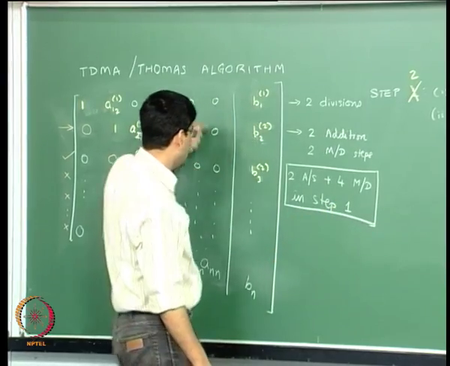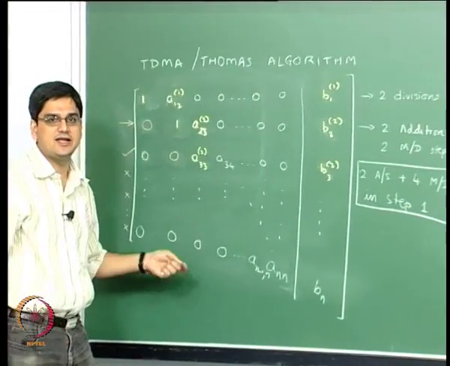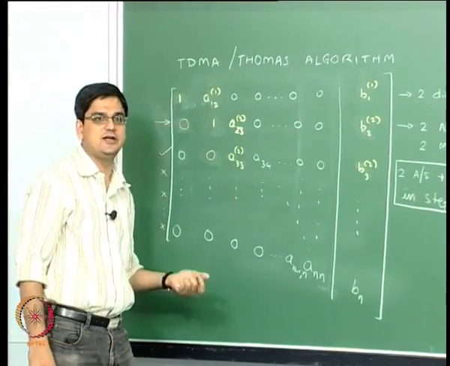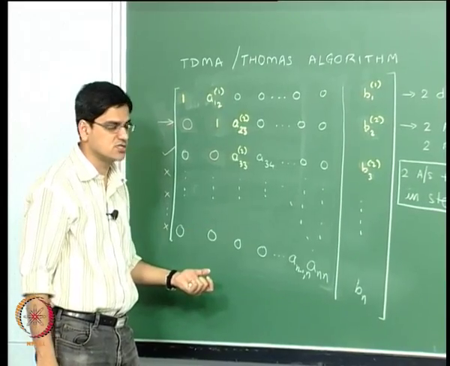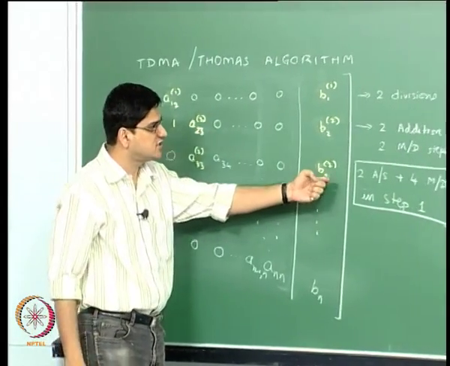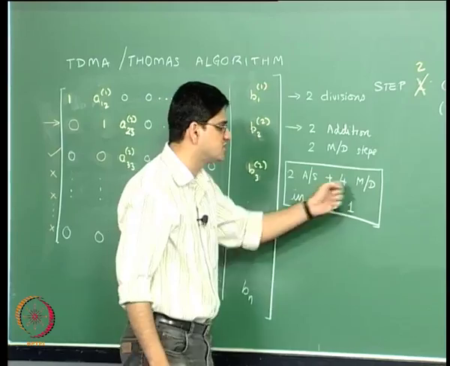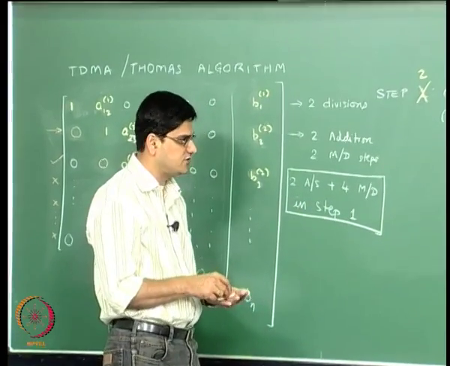And we are going to keep doing that for n minus 1 rows, just as we did in the Gauss elimination step, and each of these steps is going to require 2 addition subtraction plus 4 multiplication division steps.